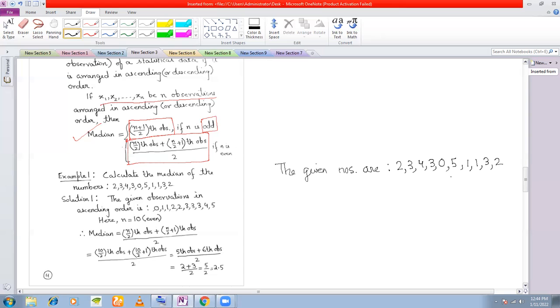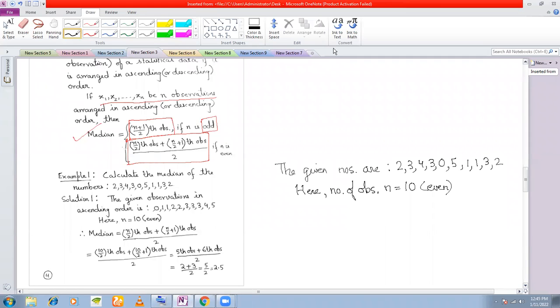So first of all, you count here. How many you have? If you see here, you have 10 observations. 10 numbers are given. Number of the observations n is equal to 10, and 10 is an even number, right?